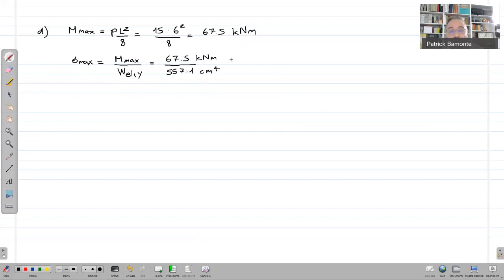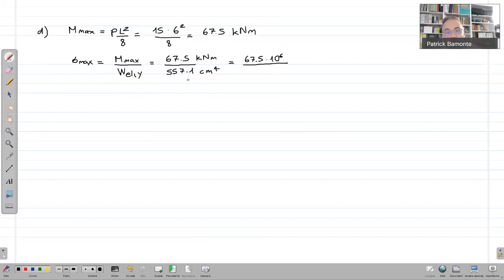So it is convenient once again to transform everything into newton millimeters. Since kilonewtons are 1,000 newtons and meters are 1,000 millimeters, this bending moment expressed in newton millimeters is 67.5 multiplied by 10 to the power of 6, which is the same as writing 1 million, but in a more compact way.